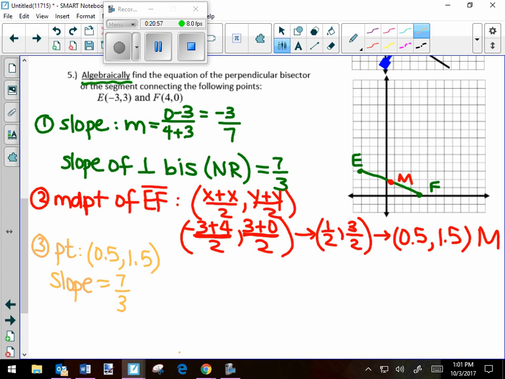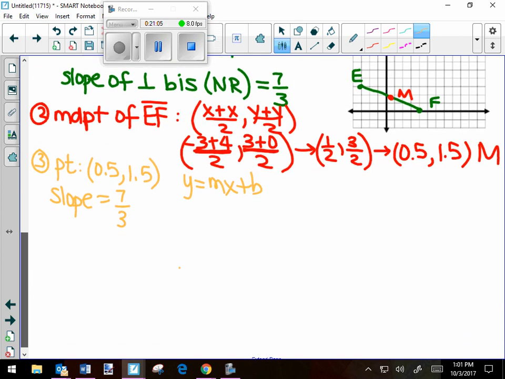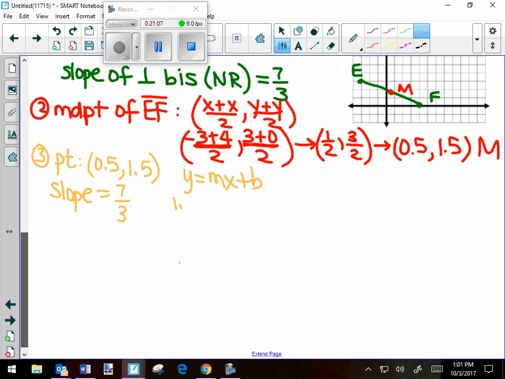I have to find the b value. When I find b, in y equals mx plus b, I substitute into this everything I know, and then I'm going to solve for b. So this is 1.5 equals 7/3 times 0.5 plus b. So this is 1.5 equals 3.5 divided by 3 plus b.